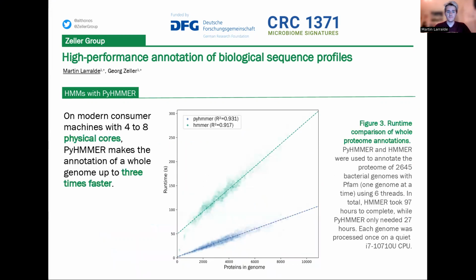We tried running a large-scale annotation of more than 2,600 bacterial genomes using Pfam with 6 threads, which is a typical number of threads for a modern consumer machine that has 4 to 8 CPU cores. On this particular task, PyHMMER was able to make the annotation 3 times faster on average for each genome. In total, it took only 27 hours, where HMMER needed 97 hours to complete.